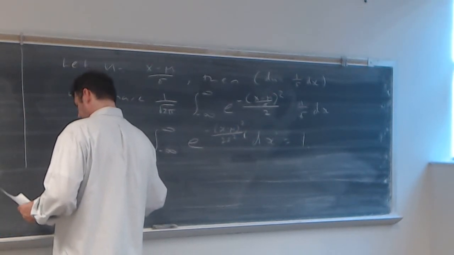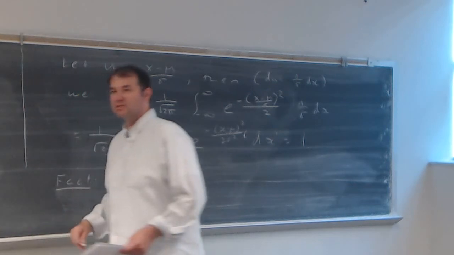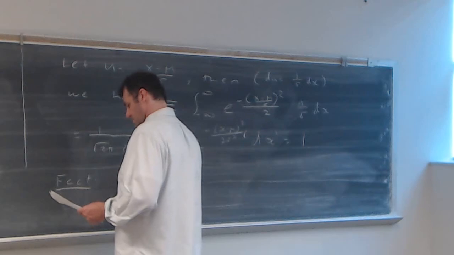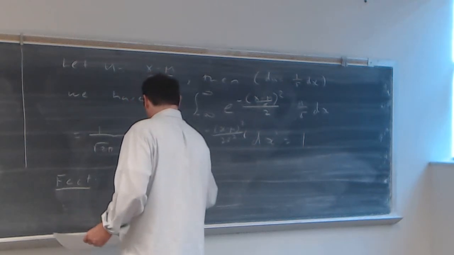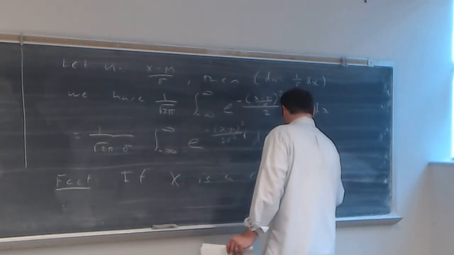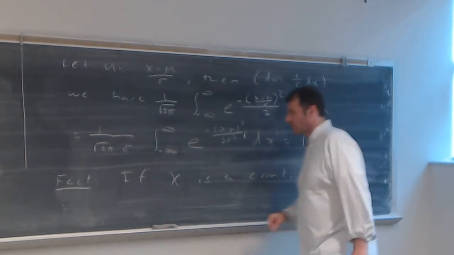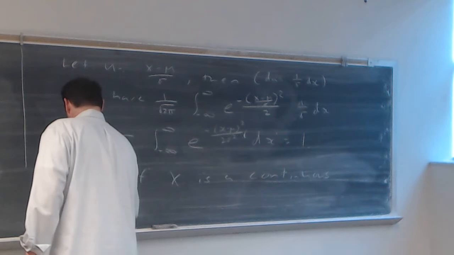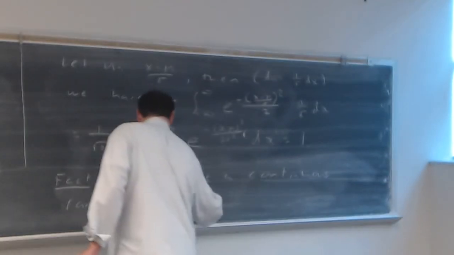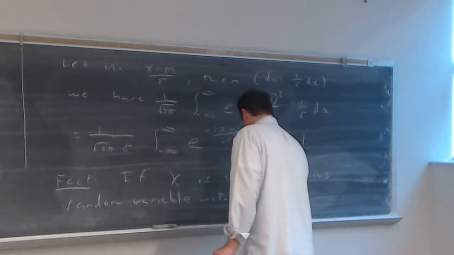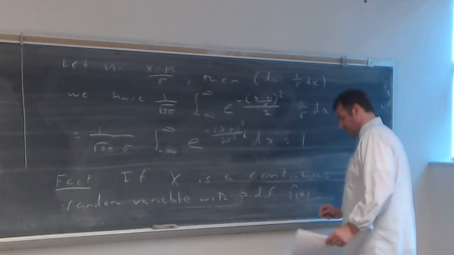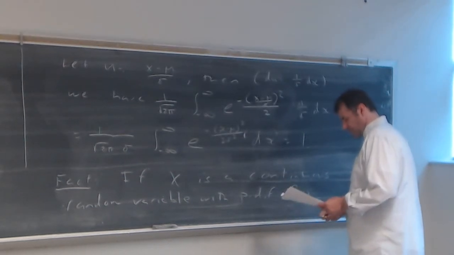And it says, this is not just for normal random variables, this is for continuous random variables. But it says, if X is a continuous random variable with a PDF f of x, okay?